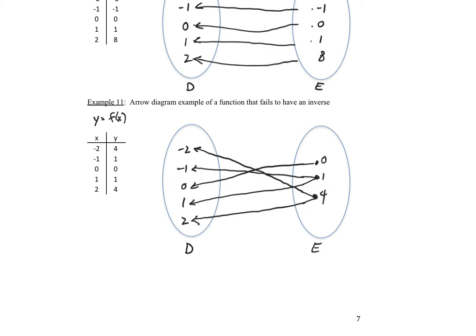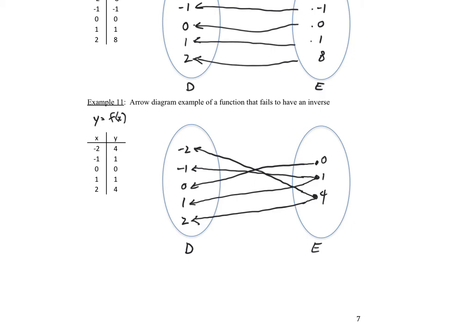So what do we notice now? Well, now our arrows are going from right to left. And what we see is that while 0 only goes to one number, it only has one output, that is, it goes to 0. The value of 1 now has two outputs. 1 goes to -1, but 1 also goes to 1.